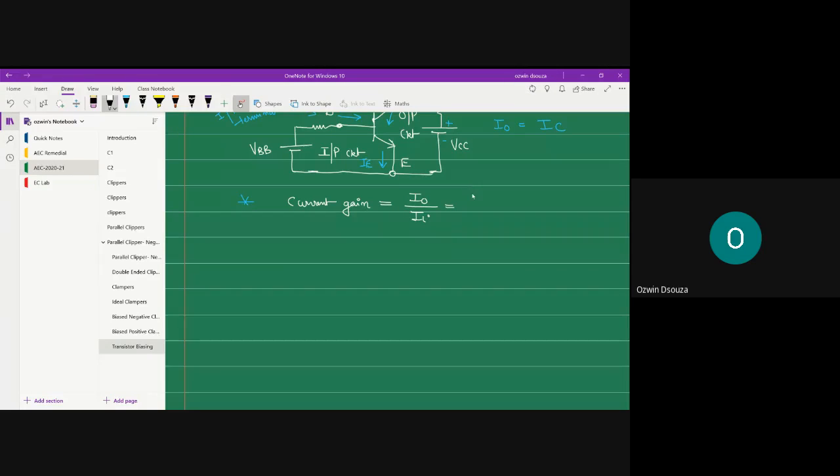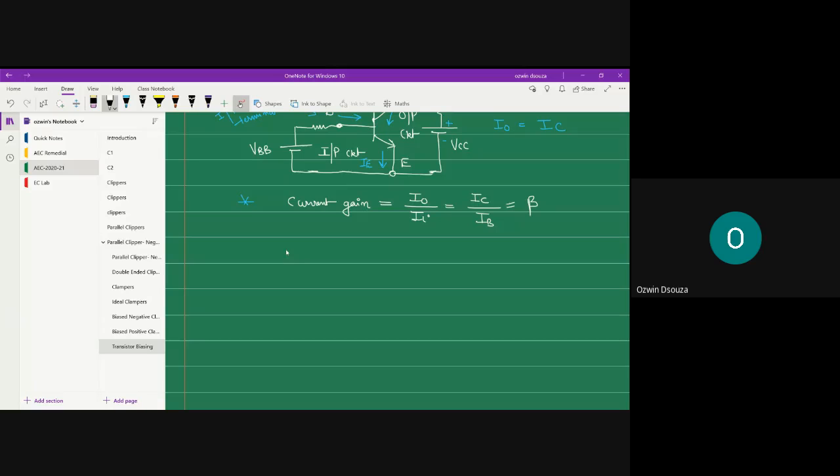The output current is the collector current, and the input current is the base current. So it is equal to IC by IB, and that is taken as beta.